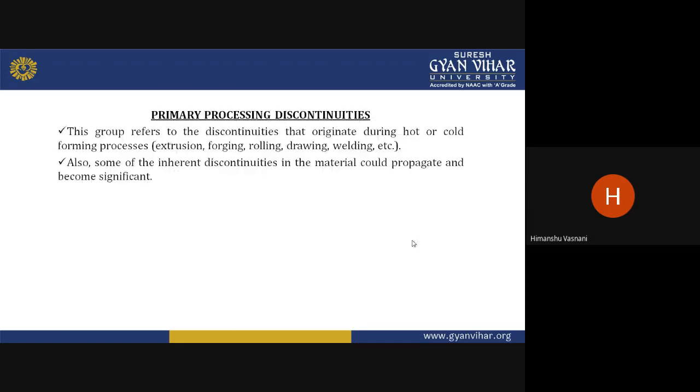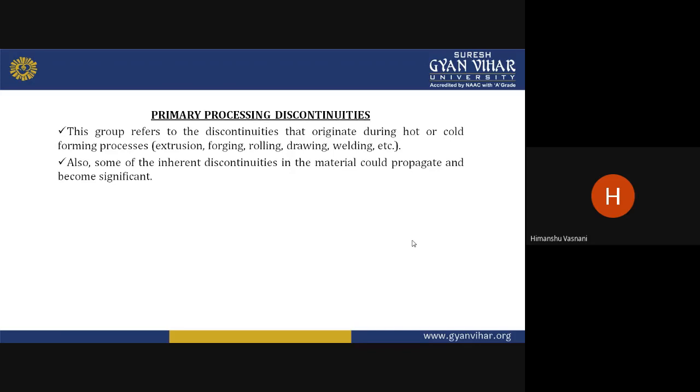So, primary processing discontinuities. This group refers to the discontinuities that originate during hot or cold forming processes like extrusion, forging, rolling, drawing, welding, etc. Now we have studied inherent discontinuities.